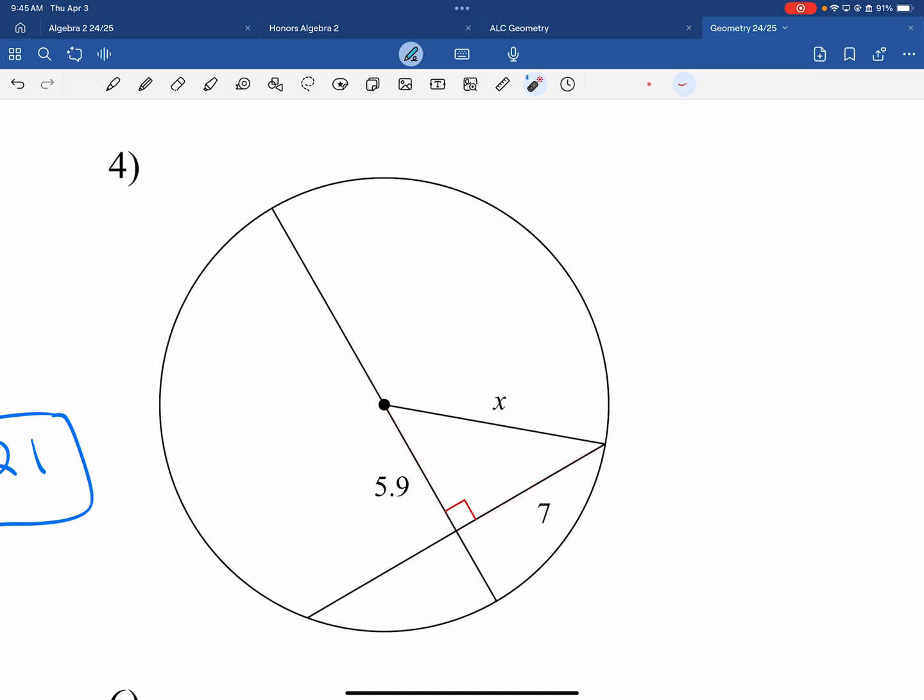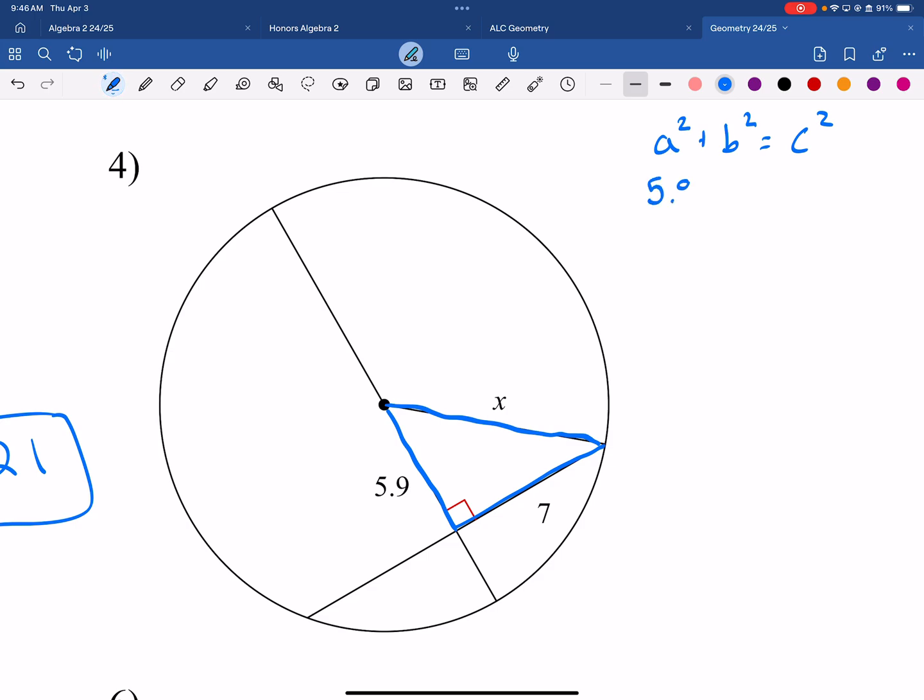So I have a right triangle. So this right here is a right triangle. So if I solve the Pythagorean theorem, I can find the x value. Remember the Pythagorean theorem: leg squared plus leg squared equals hypotenuse squared.